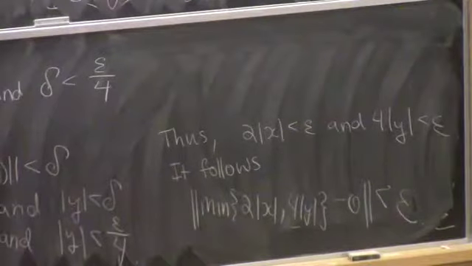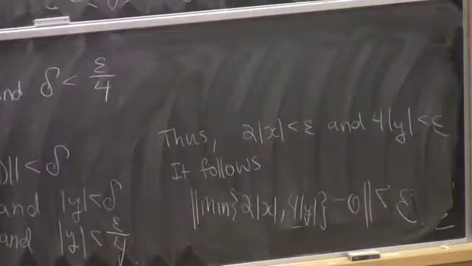I was just wondering for the delta, you chose delta less than epsilon over 4. Usually don't you do like delta 1 and delta 2 since those are two different values? Right, sure. So I sort of say, pick it to do this and to do this.